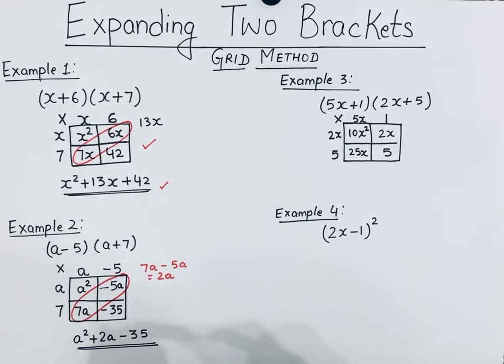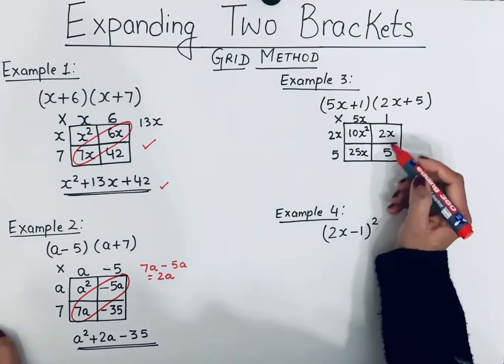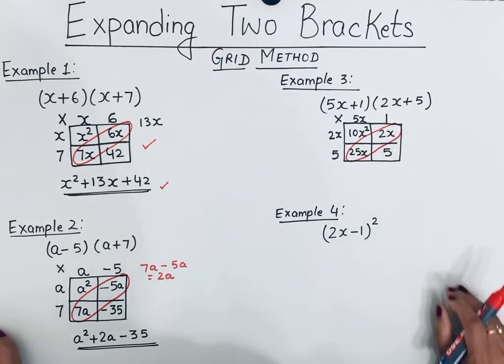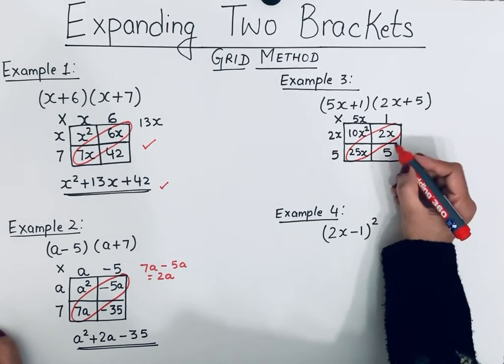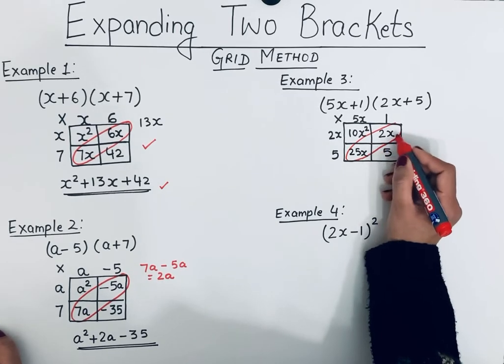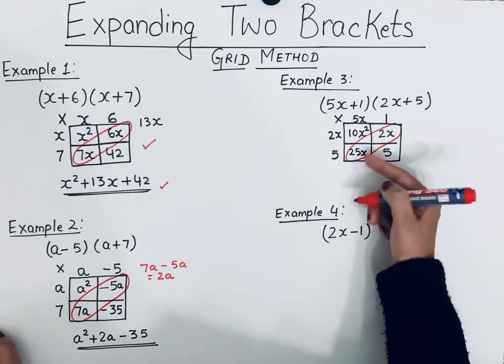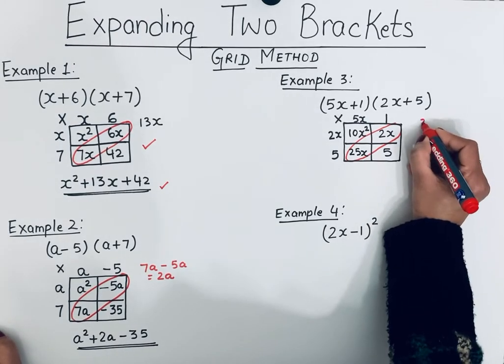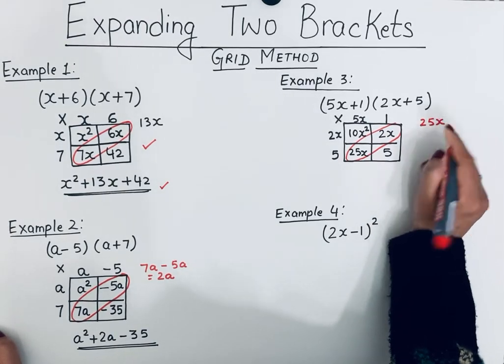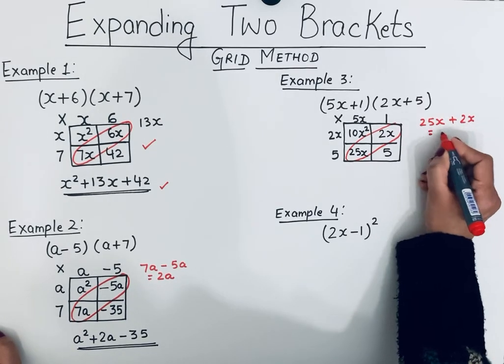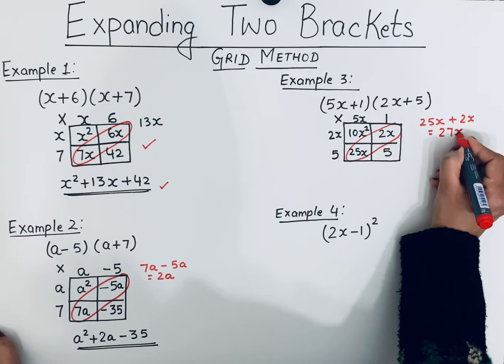Again, if we check the diagonal, we'll see that these two terms are like terms because they both have x. If we want, we can add them here because they are both positive, or we can write it separately like we did here. So let's write it down separately. So 25x add 2x, because they are both positive, just add them together, which is equal to 27x.